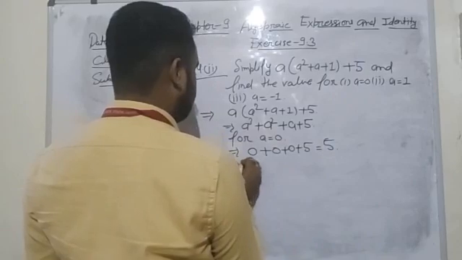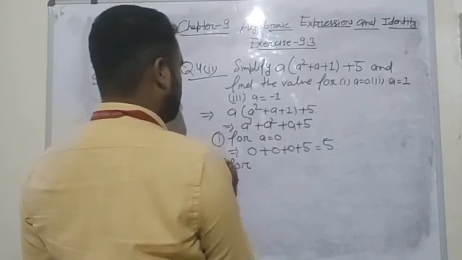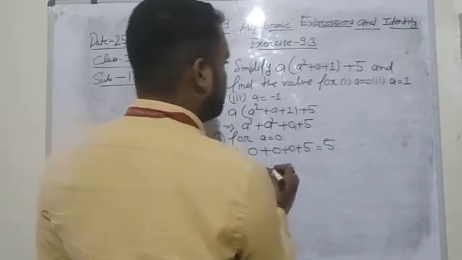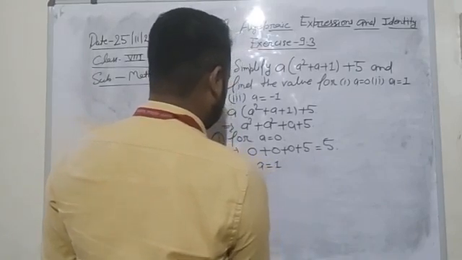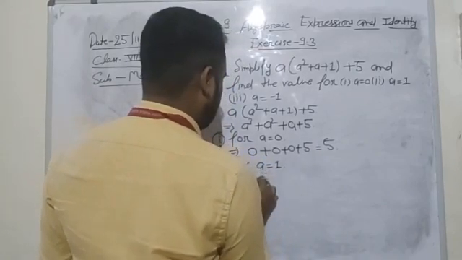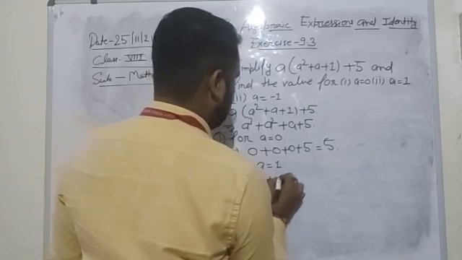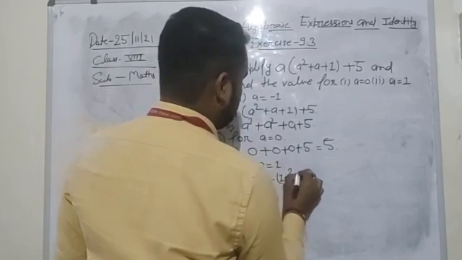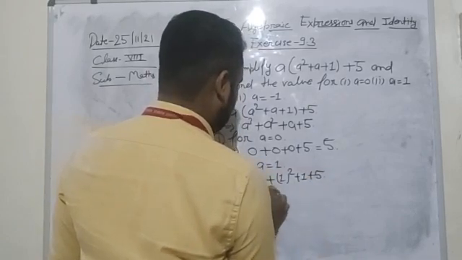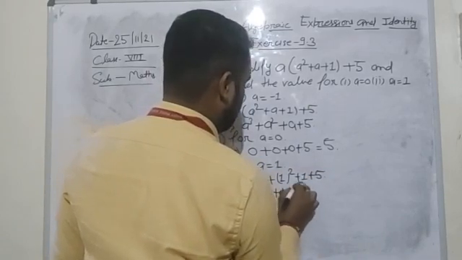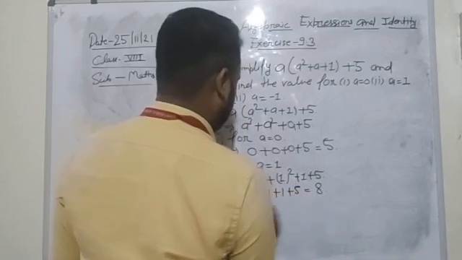This is the first part. For a equals 1: 1³ + 1² + 1 + 5, so 1 plus 1 plus 1 plus 5, that is 8.